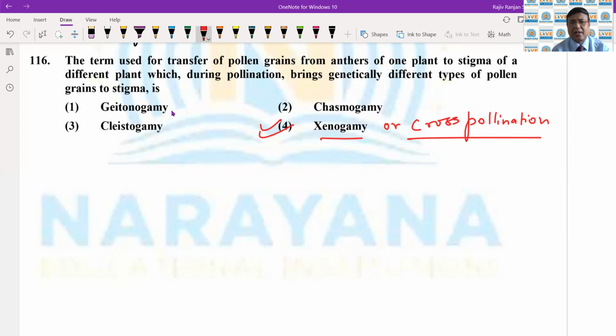Geitonogamy is the pollination in which the pollen grains pass from a flower of a plant to another flower of the same plant. So geitonogamy is between two flowers of the same plant.